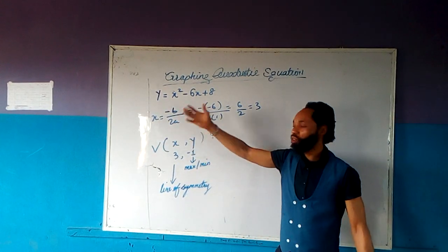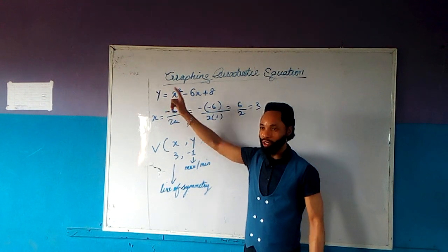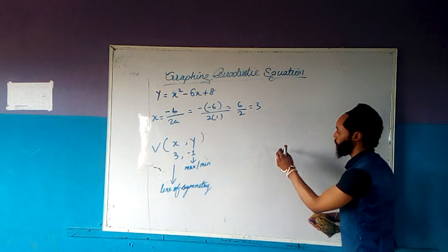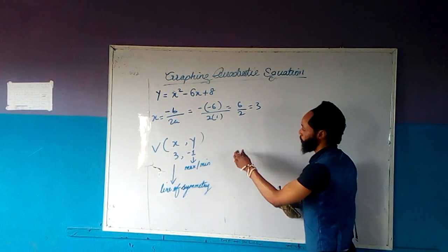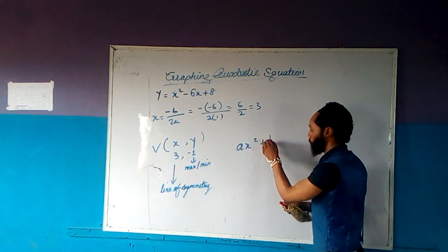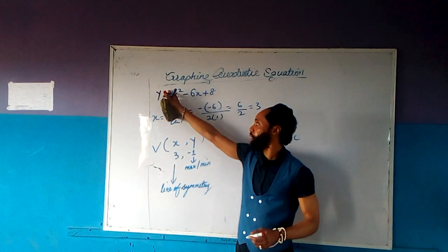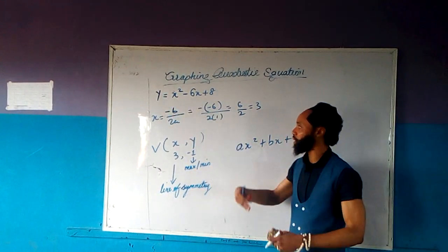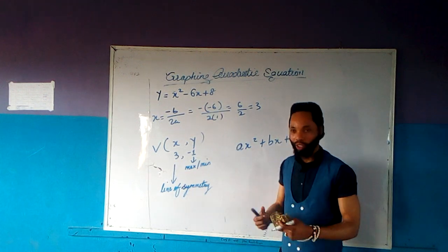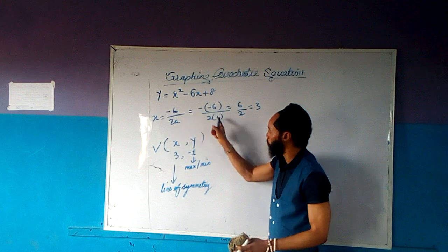The standard quadratic equation is ax squared plus bx plus c, so whatever the coefficient of x squared is your a. In this case, our a is 1.